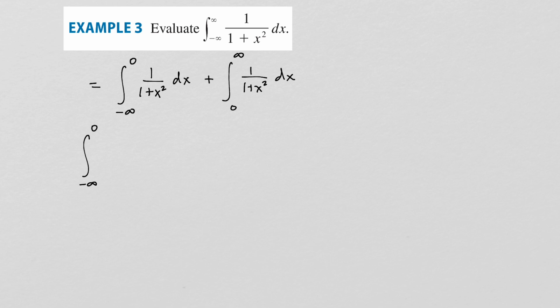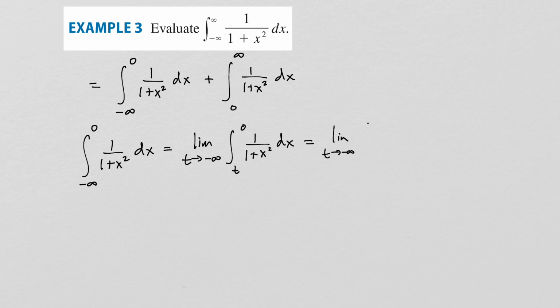If we integrate from negative infinity to 0 of the function 1 over 1 plus x squared, this is defined to be the limit as t goes to negative infinity, integral from t to 0, 1 over 1 plus x squared, dx. All right, so let's go ahead and write down our limit. And now we're going to take the antiderivative of this function.